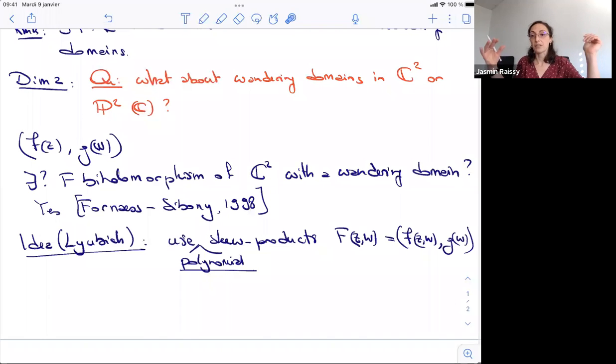Otherwise, you have some indeterminacy set, and that's not good. Well, this is what we have to search for. We have to search for a map going to P2.